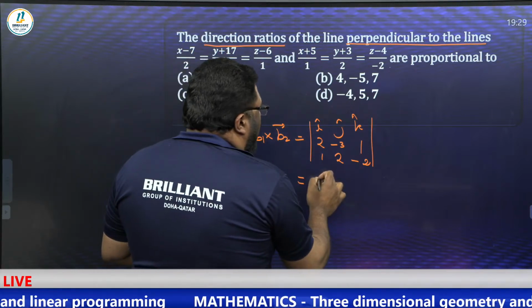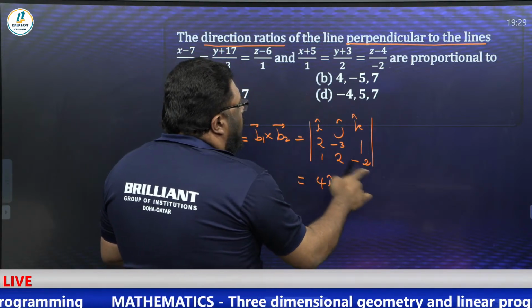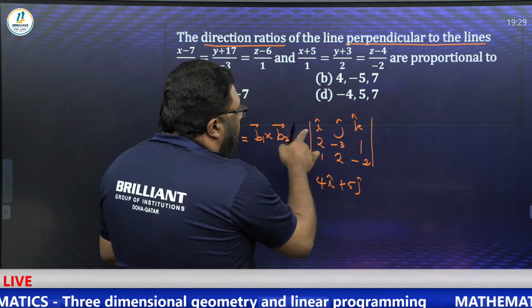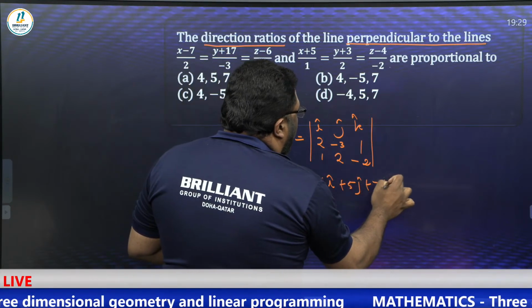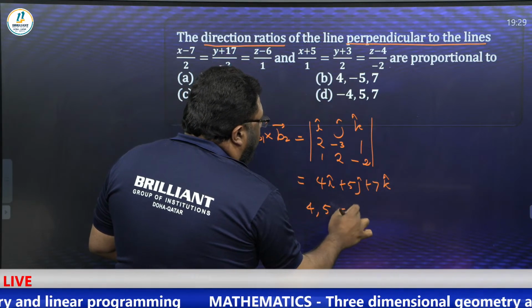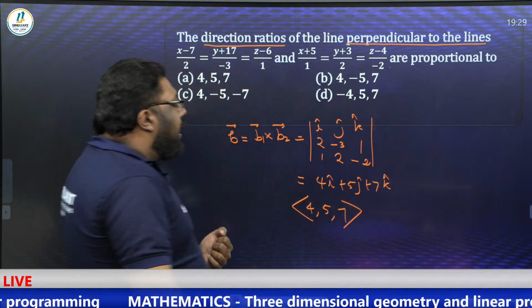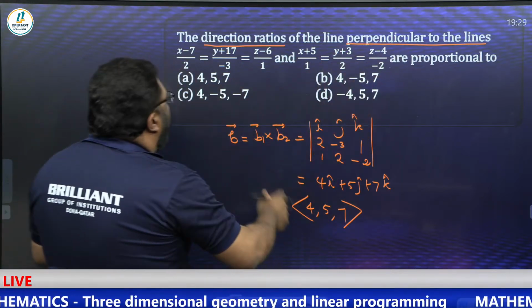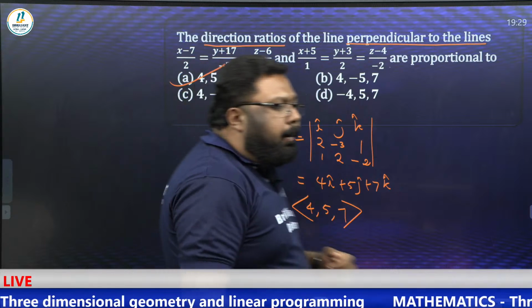So 6 minus 2 is 4i, minus (4 minus 1) is minus 5, so plus 5j, and 4 plus 3 is 7k. So this is my DRs. So 4, 5, 7 is the direction ratios of a line perpendicular to both the lines. 4, 5, 7, option A.